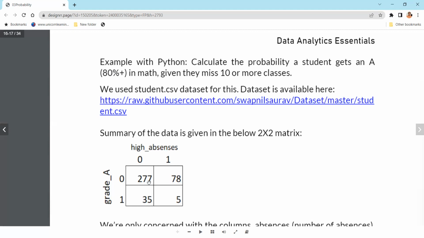Do it and tell me, am I correct or not? You are correct. That means you have 395 students in the class. And if you talk about 0 and 0, that means high absence is no, and grade A, no. So 277 people have good attendance and are not grade A.